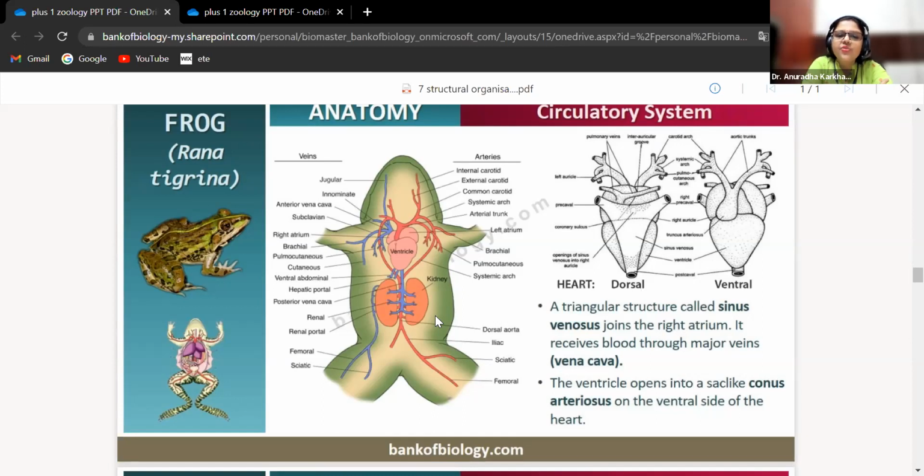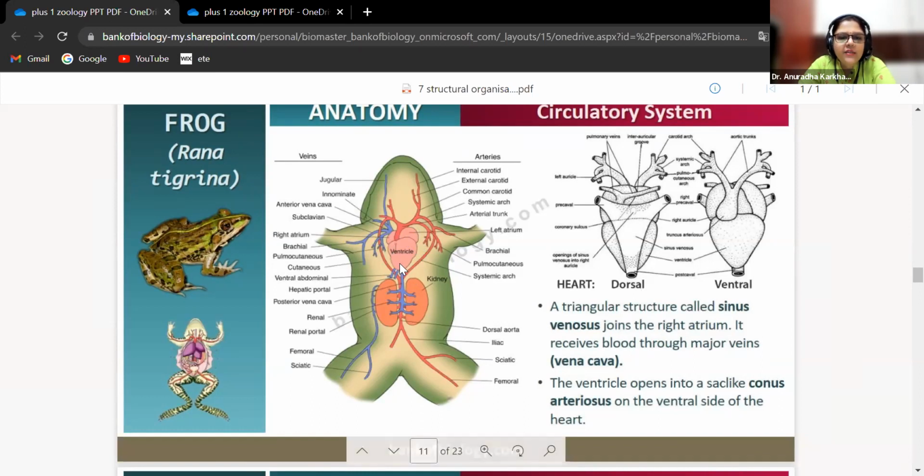arteriosus. So you can see over here in this diagram, ये ventricle है, correct? This is the ventricle, which is a single unit. Okay, and this is going to be your left and right atrium.